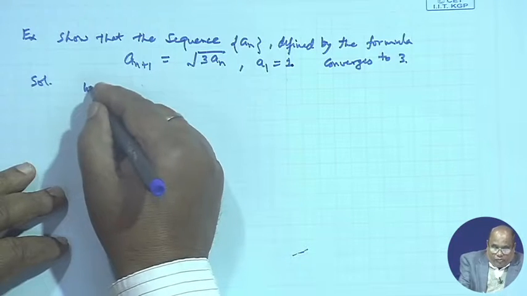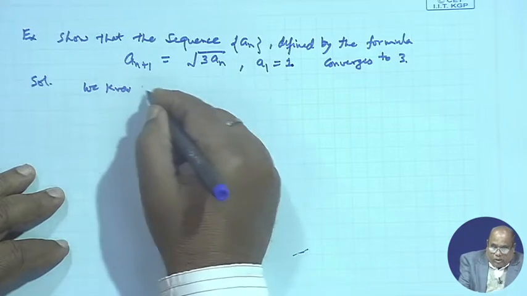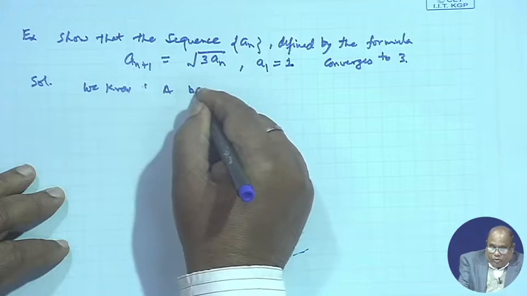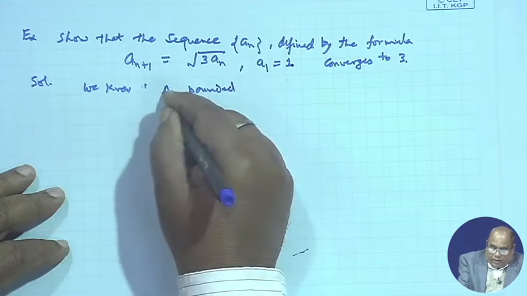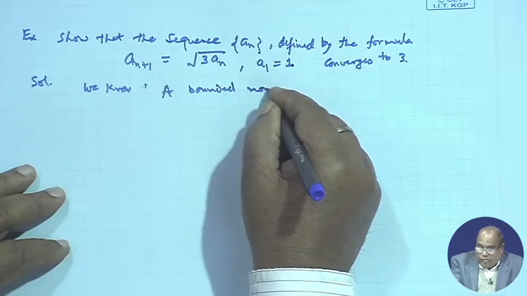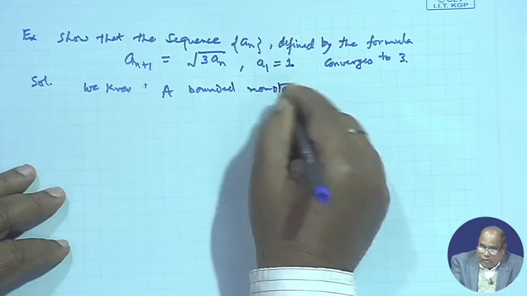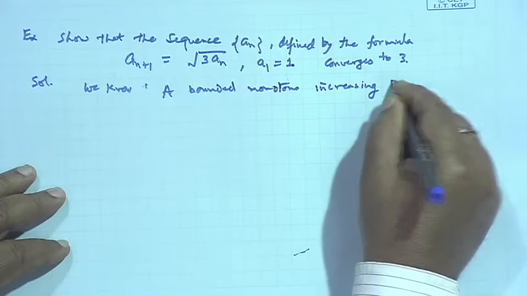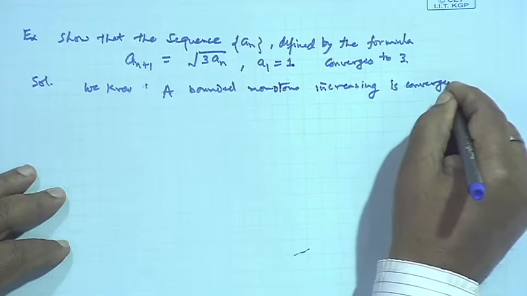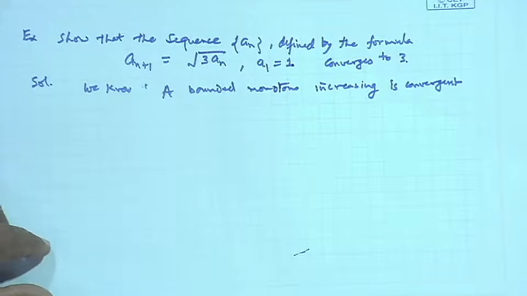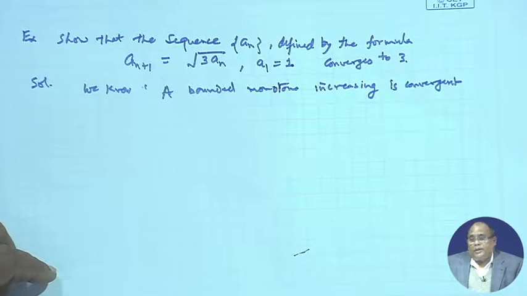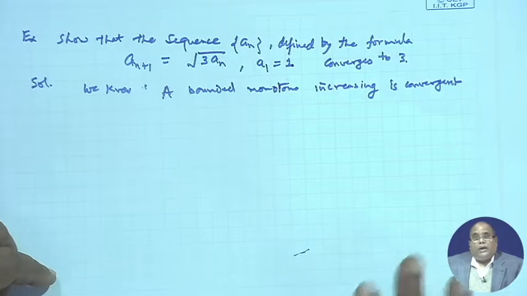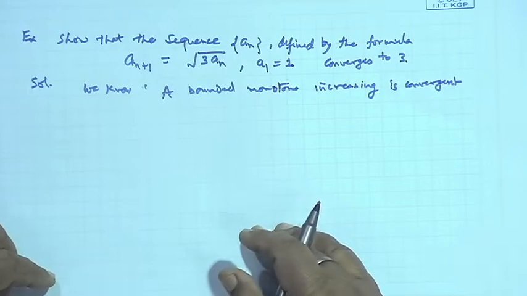So, we know a bounded monotonically increasing sequence is convergent. If a sequence is bounded and monotonically increasing, then it must be a convergent sequence. Similarly, if a sequence is monotonically decreasing and bounded below, then it is also convergent.